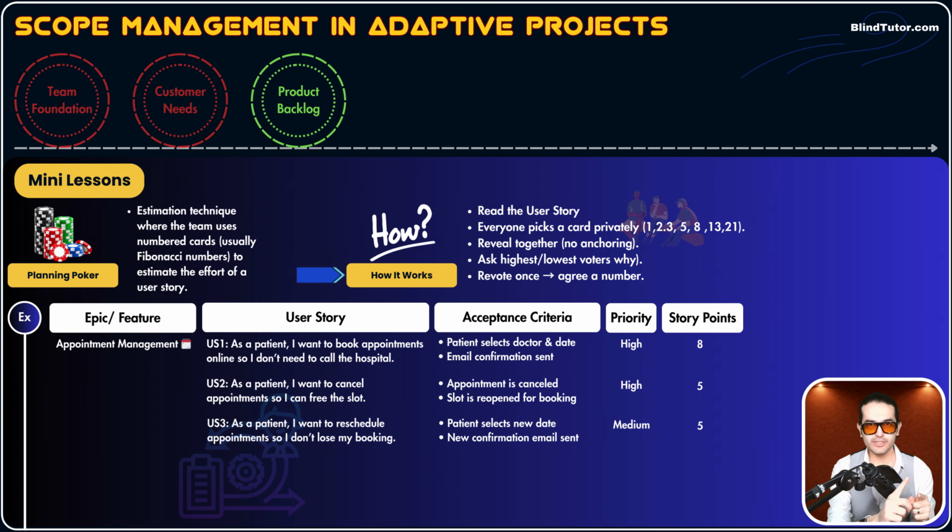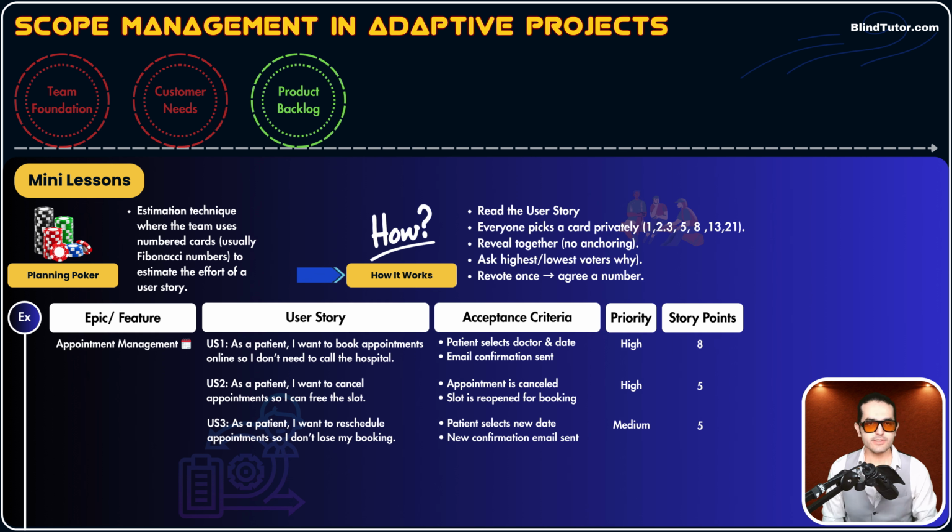Why? Because the product owner is the voice of the customer. The product owner knows exactly what the purpose of that user story is. Now, if that user story is still somehow vague, team members, before assigning numbers, could ask some clarifying questions and the product owner could clarify the user story.